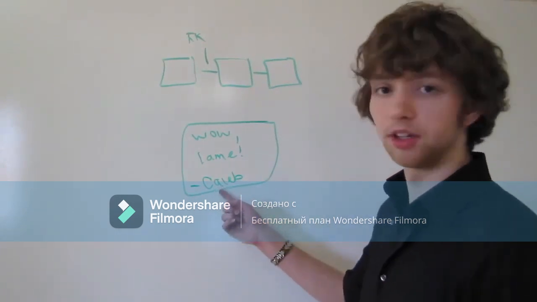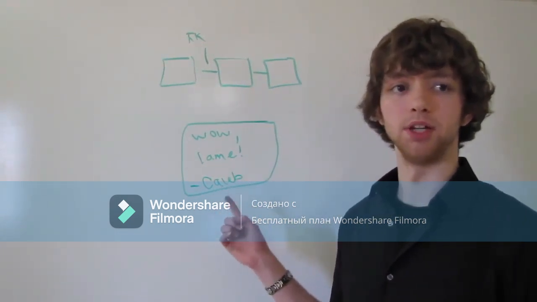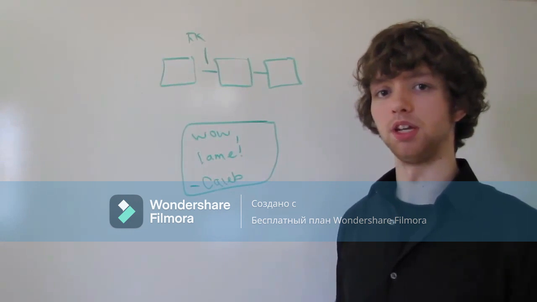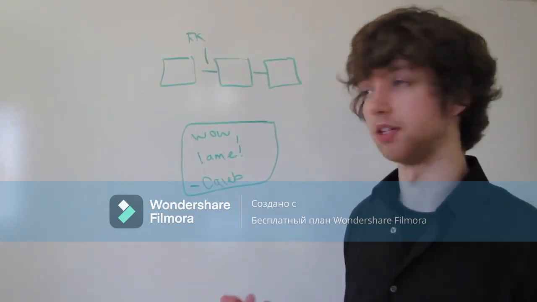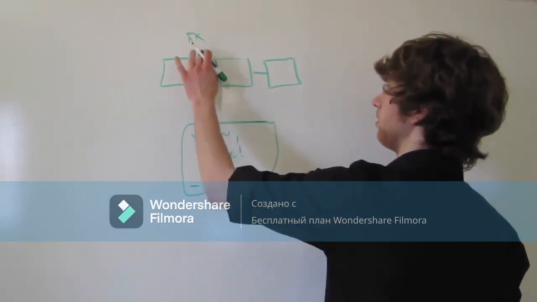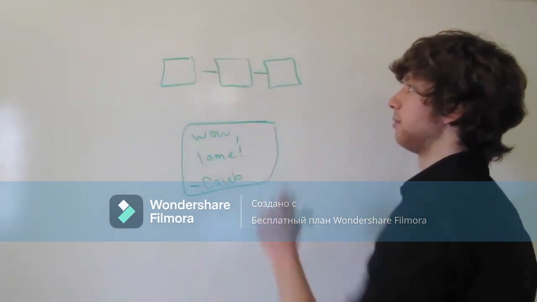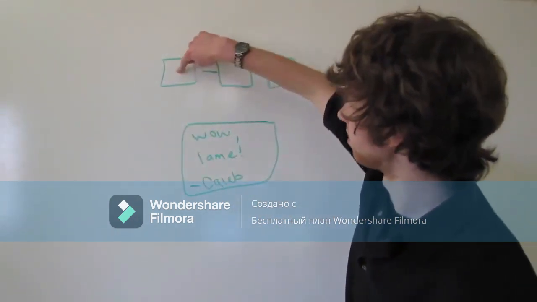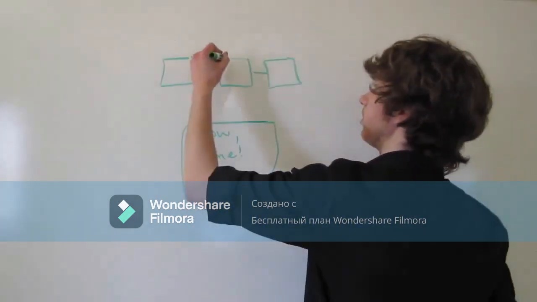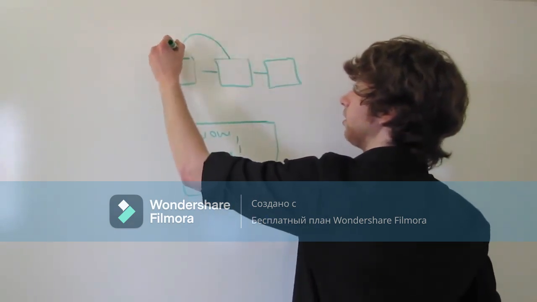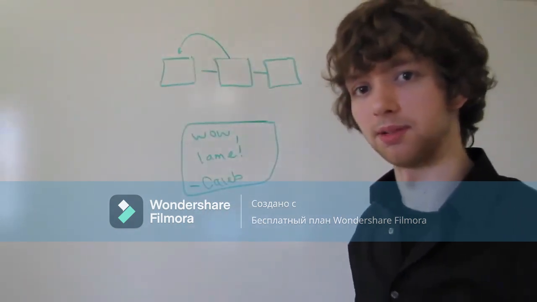Well, that username might actually be a user ID in a comment table. So we could say this up here is the comment table, this is the user table, and there's a foreign key from the user ID referencing the user ID in the user table.